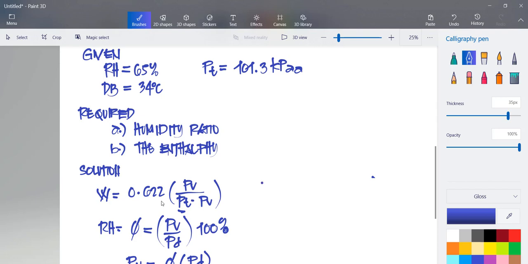So from steam table, okay, from steam table, we'll be using na lang siguro ito yung table.